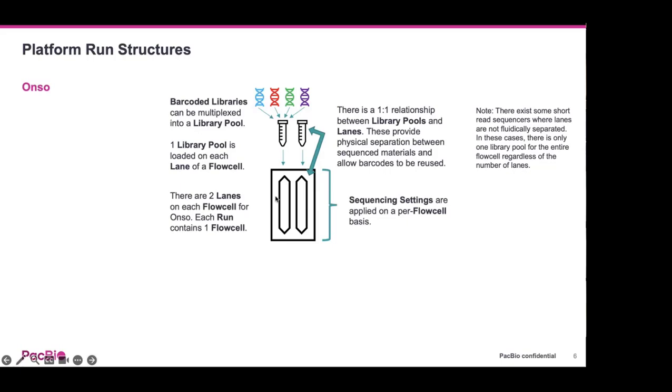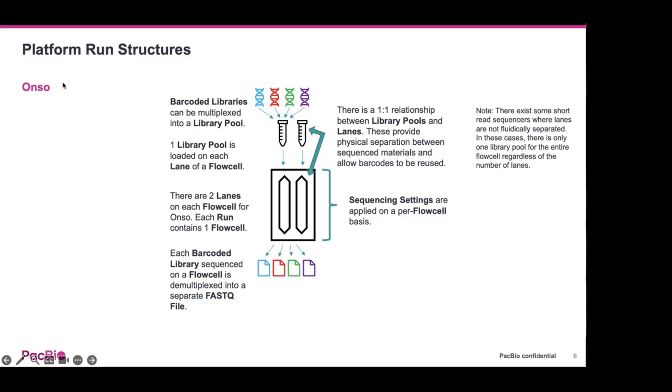You wouldn't be able to say I want to do a 150 by 150 run on lane 1 and a 300 by 300 cycle run on lane 2. It's all or nothing for the entire flow cell. And then after you run the sequencing, it generates base calls for every barcoded library, and then it demultiplexes all of the libraries into separate FASTQ files.